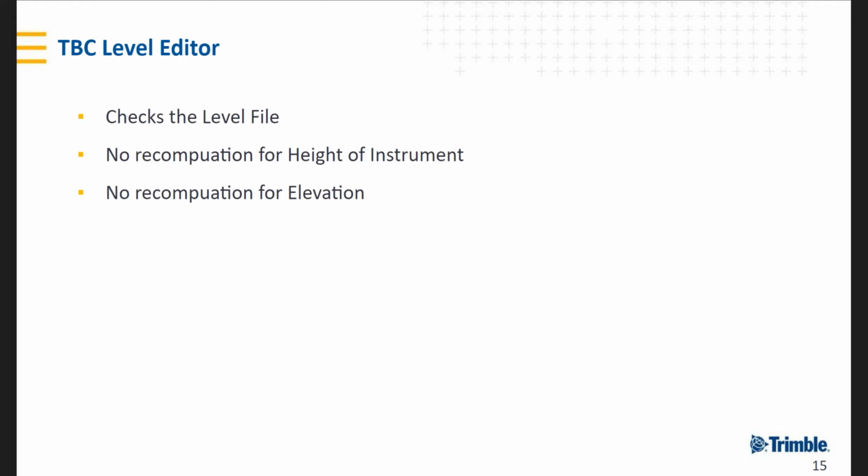There's no recomputation of the height of instrument or of the elevation. It's running through, checking the math and the numbers at the end of the file, and then presenting a warning message if there's a difference, or if there are other scenarios that cause the level editor to present different messages.